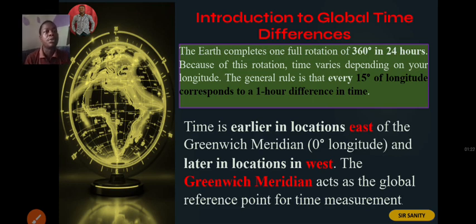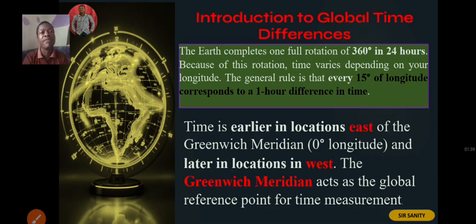Now we are going to look at the Earth's longitudes. You know that our Earth rotates itself by 360 degrees in every 24 hours.